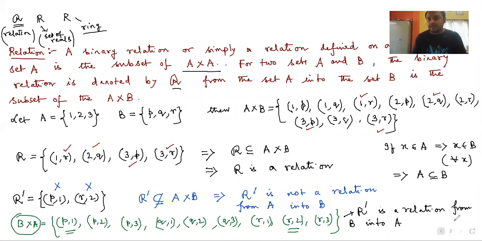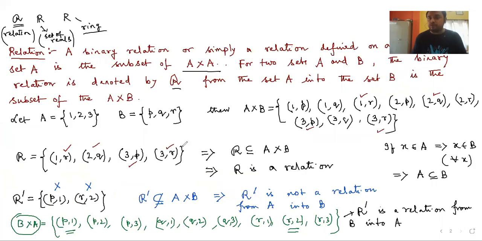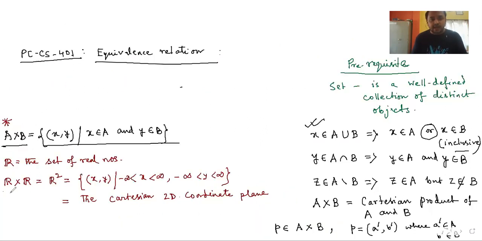Another example I can consider over here. I'm going to the previous page. Probably you have copied, probably you have understood what I mean to say. So if I go to the previous page, here I considered R cross R. It's the Cartesian product of the set capital R with itself, and it actually defines the Cartesian 2D coordinate plane.